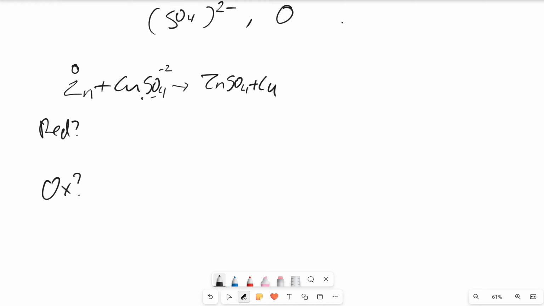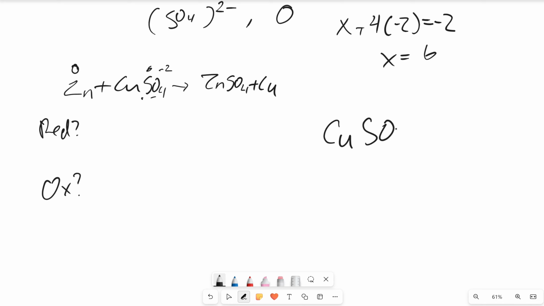Okay, so we set up our math equation again. X is the oxidation number of sulfur. Plus 4 times -2 equals -2. X equals 6. Okay, so then we have 6 above our sulfur. And then copper. Well, this looks confusing, right? Wait, it's not a polyatomic. However, we know that it's a compound, right? CuSO4. And we know that its total charge is going to be 0.